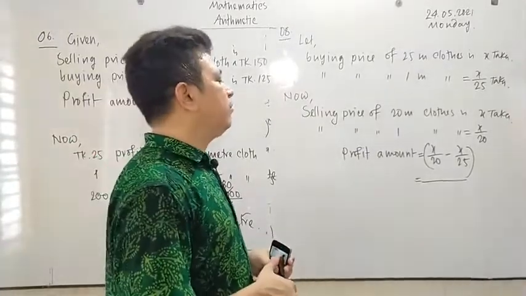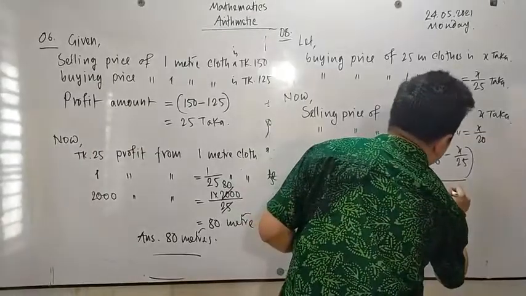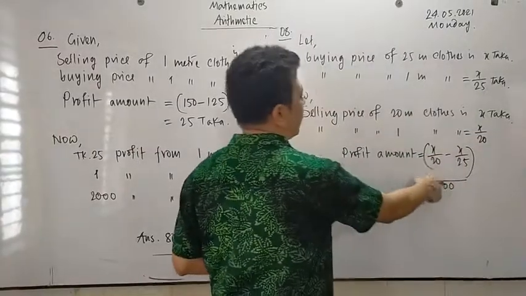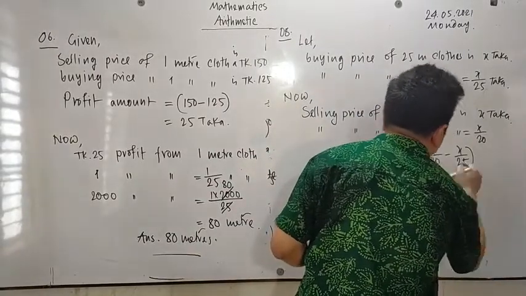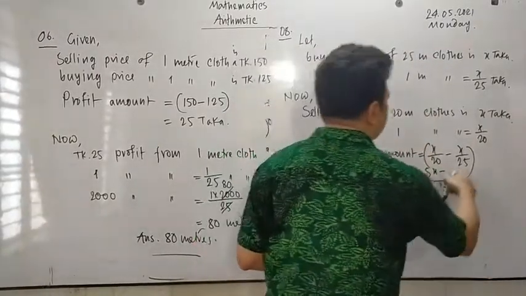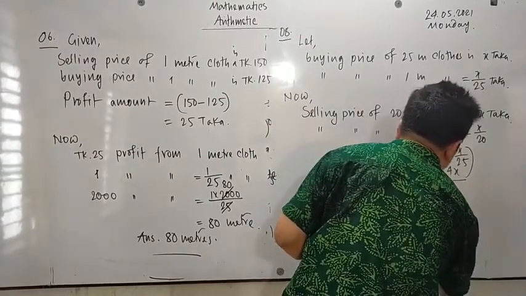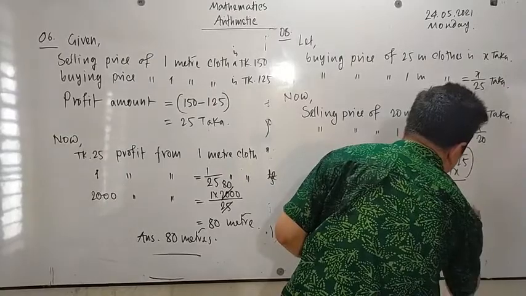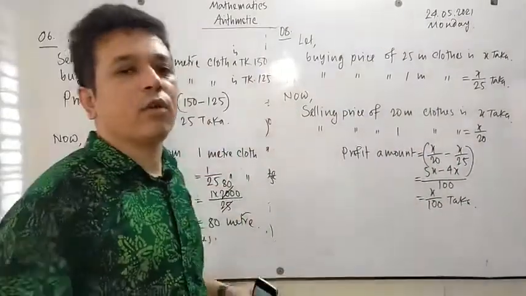It is 100. So 100 divided by 20 is 5, and 100 divided by 25 is 4. So X divided by 100 taka is the profit amount from 1 meter of cloth.